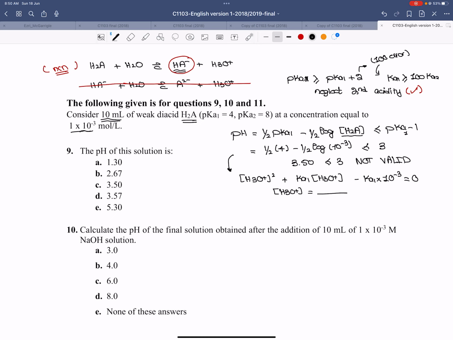It will be around, I think, 2.7 times 10 to the negative 4 mol per liter. And then you find the pH. The pH will have to be slightly larger than this value in this case. So it's negative log of this value, which is around 3.568. Look at your answers. It's rounded to 3.57.